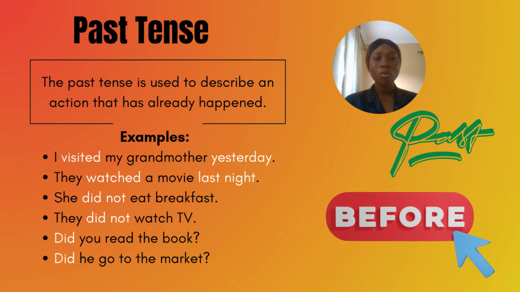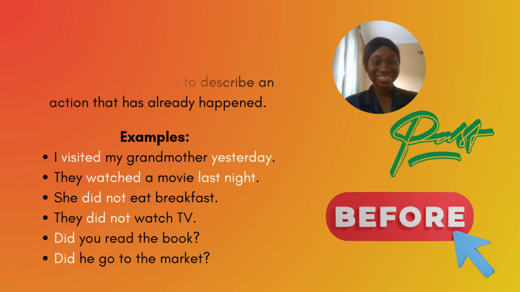There are some words that give you a clue that this sentence is in past tense: yesterday, last night, last year, last week, this morning. And when you see the letter D or ed at the end of a verb, you know that this is past tense.